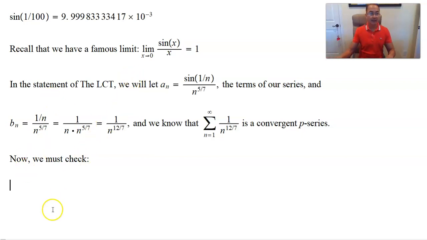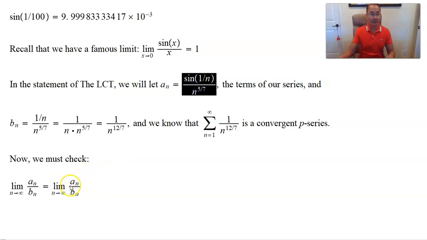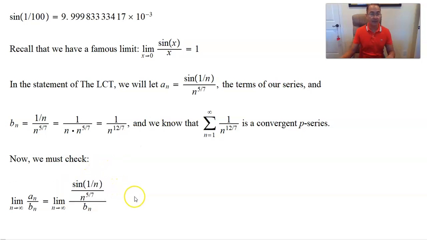We want the limit as n approaches infinity of the quotient an over bn. Our an is our given terms, so we'll replace an with this in the numerator. And our b sub n is this, which we'll replace in the denominator.